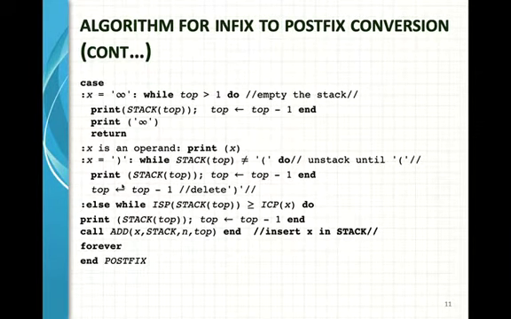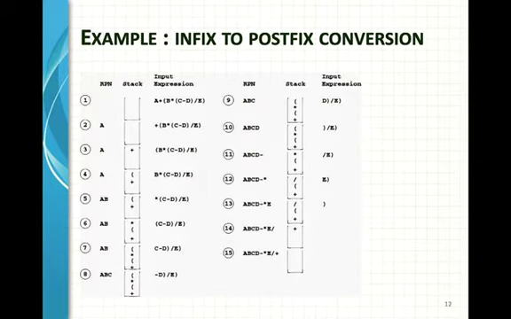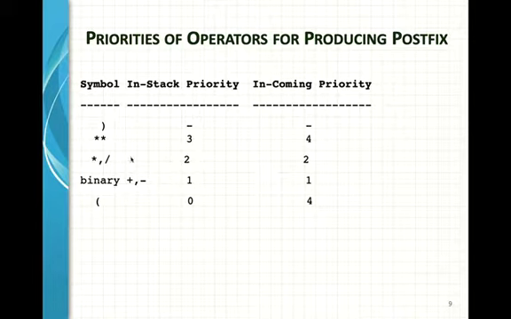Now again in this pictorial representation, the token that arrived is an open parenthesis. In the case of an open parenthesis, we have to take a look here. Its in-stack priority, that is ISP, is 0, and plus is our ISP, and this open parenthesis ICP is 4, and this is 1.